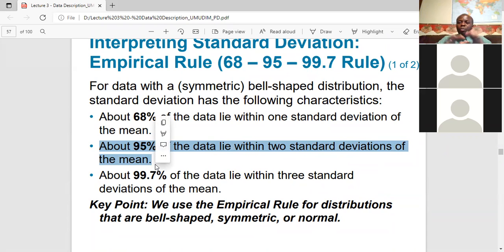The normal blood pressure we have, the normal average height of an adult fall within a given normal range. Any data value that's beyond 2 standard deviations is considered unusual.